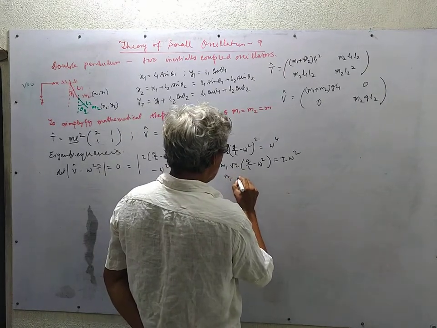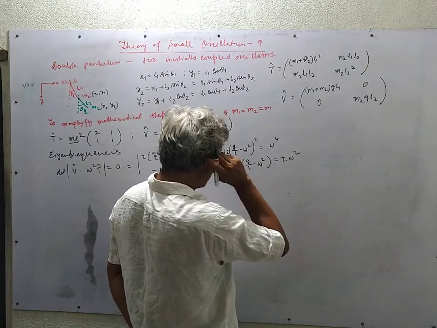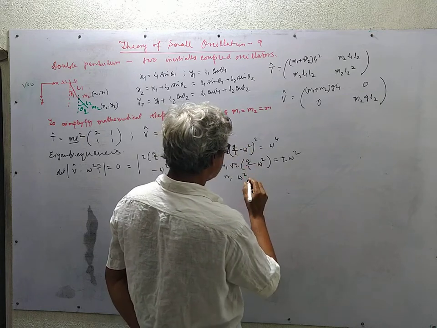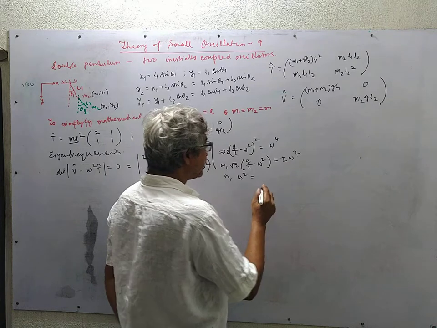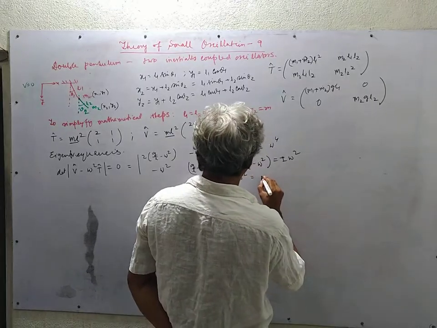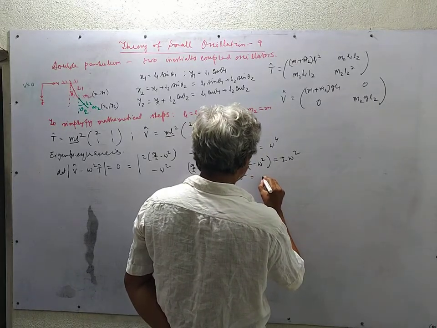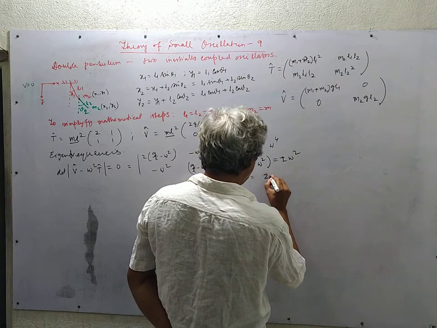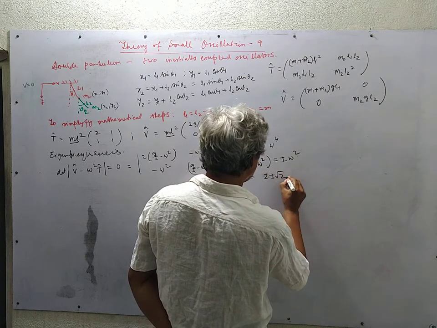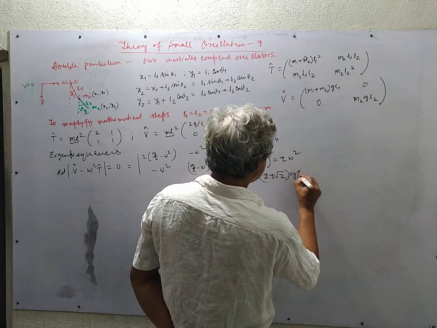or on simplification we get omega square is equal to (2 plus minus root 2) g by l.